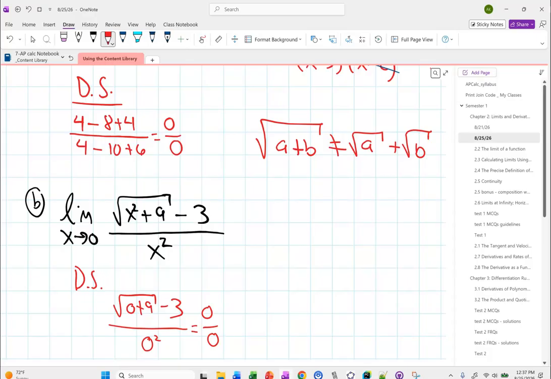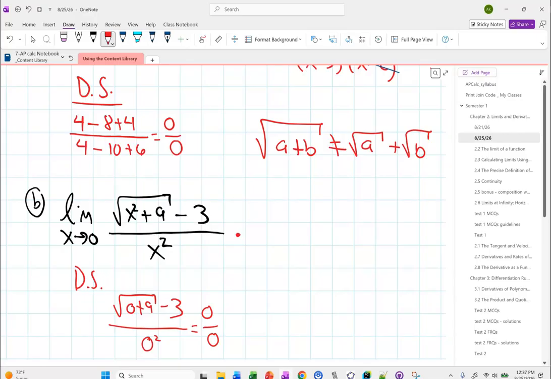So the key takeaway is the radical here. That's the problem for us. When you see a radical and it's being added or subtracted to something, you should think about conjugates. What is the conjugate to x squared plus 9 minus 3?